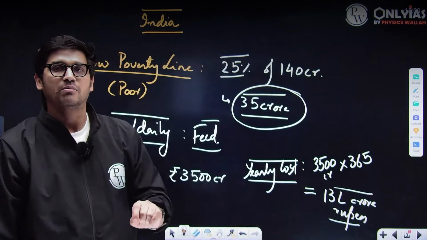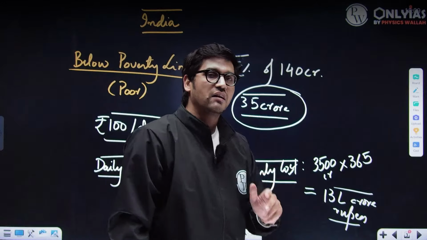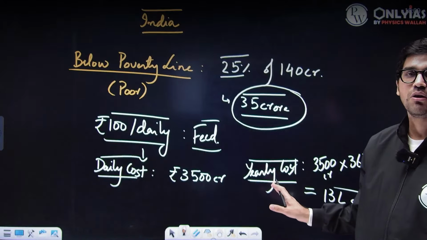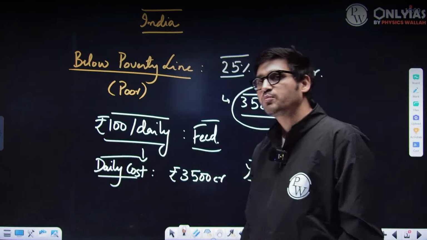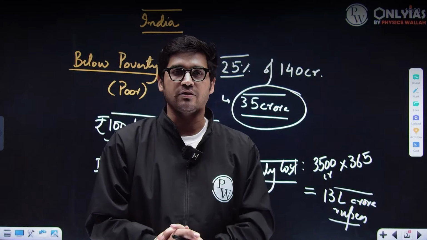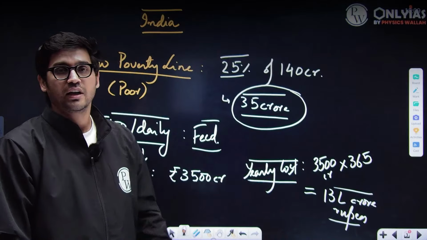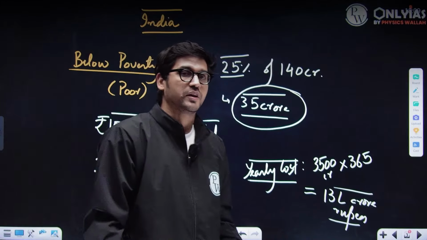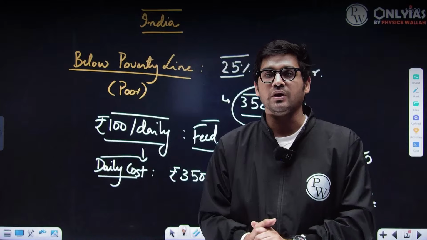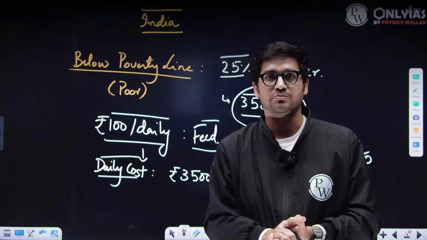Can the Indian government, all of you think about it, not bear this kind of a yearly cost to spend on its poor people just so they can feed themselves twice every day? Do you think it's a stretch that the Indian government is spending 13 lakh crore rupees and giving it to the poor people every day so that these people feed themselves?